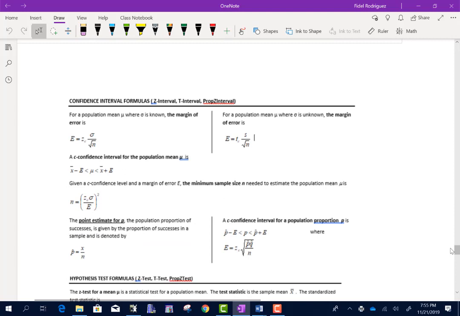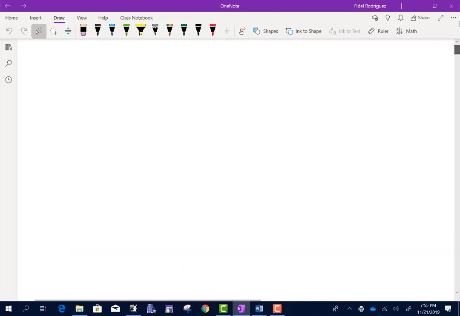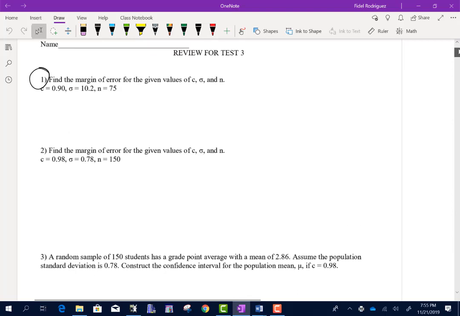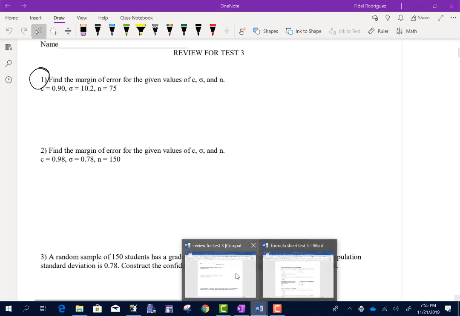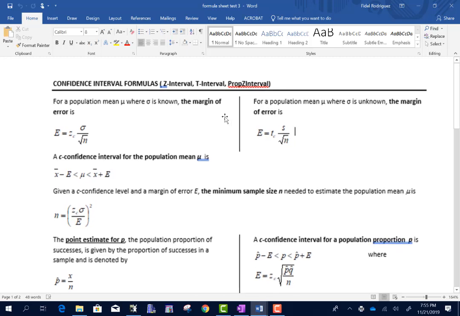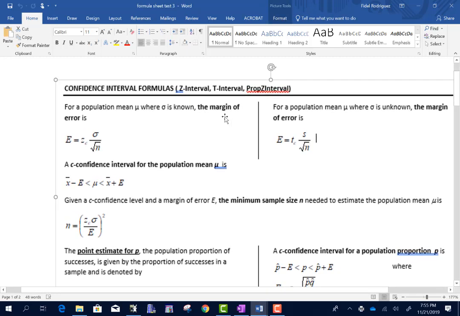Okay. All right. So, guys, if I look at problem number 1, problem number 1 is asking me to find the margin of error, right? And look what it tells me. If I look at that formula sheet, guys, it says, for a population mean mu, where sigma is known, the margin of error is, and I'm looking at that first piece right here.